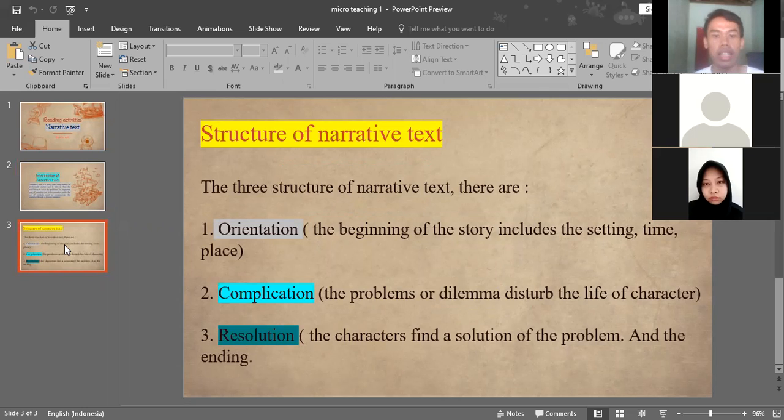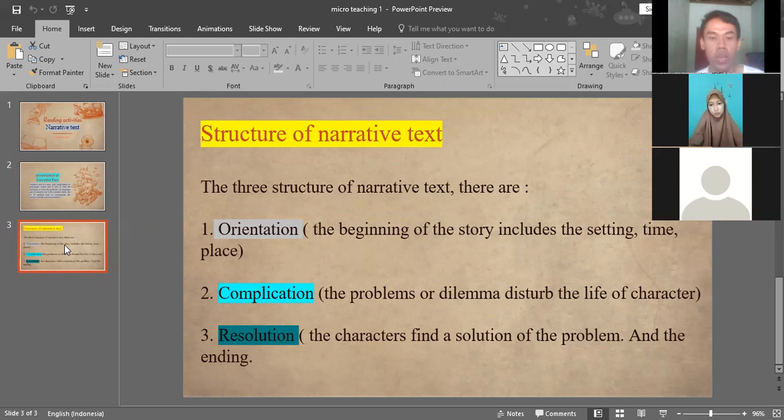The first is orientation. Orientation means the beginning of the story, including the setting and the place. We can usually find orientation in the first paragraph of the narrative text. The second is complication. What is complication?